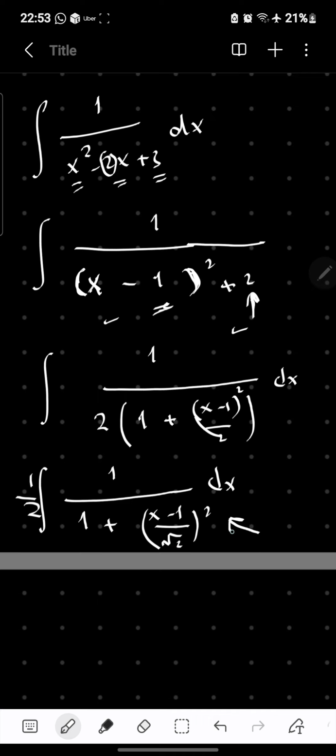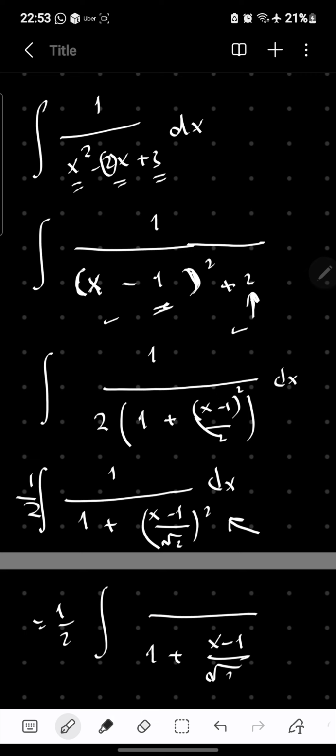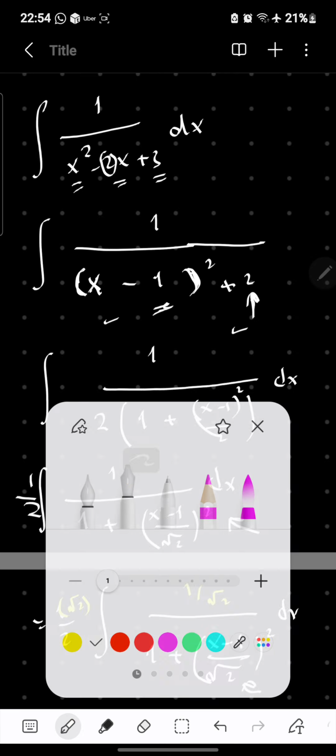This is the form of arctangent. We have it here, but we should have the derivative of this function. The derivative of this function is 1 over root 2. We should have here 1 over root 2. So we should multiply by root 2.